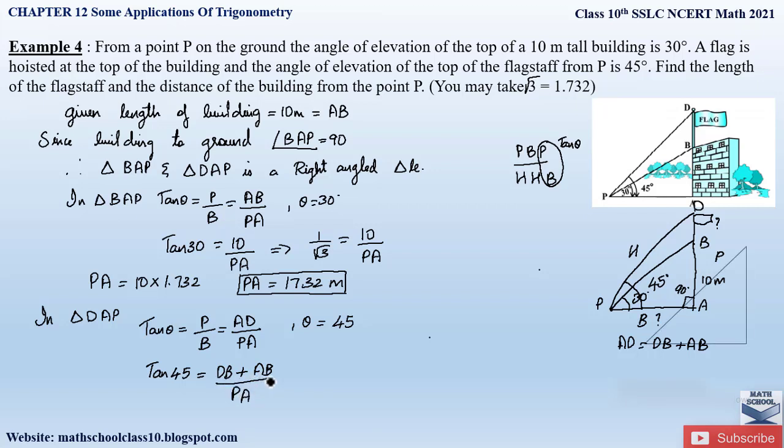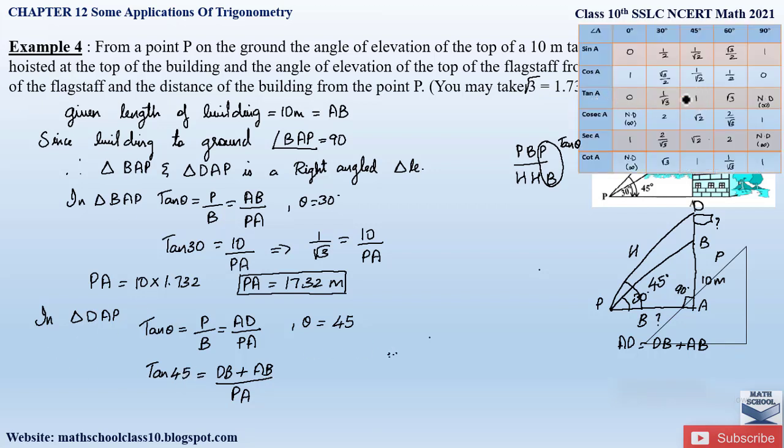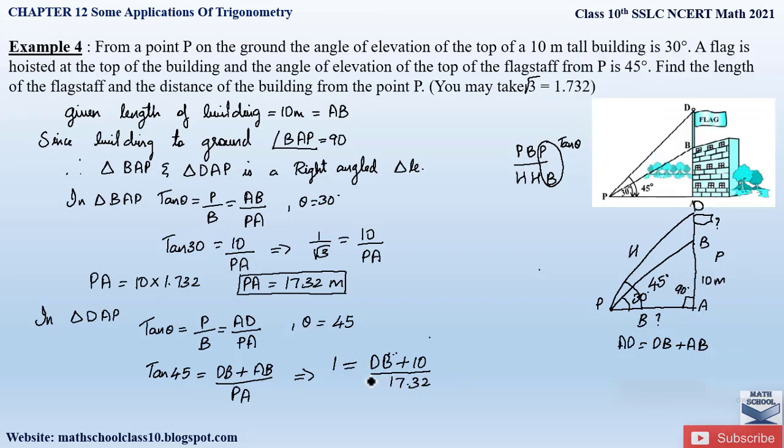From the trigonometric table, what is the tan 45 value? Tan 45 is equal to 1. So we have 1 is equal to DB, which we have to find out, plus AB, which is 10 meter, divided by PA, which is 17.32 meter. Let us cross multiply, therefore we get 17.32 is equal to DB plus 10, or send this 10 to the left hand side.